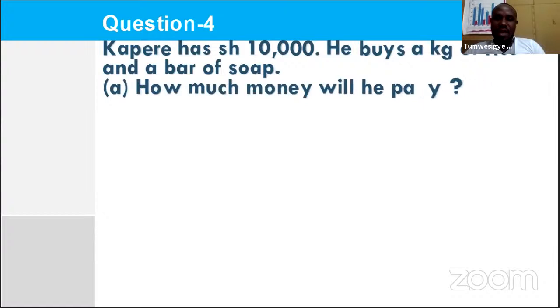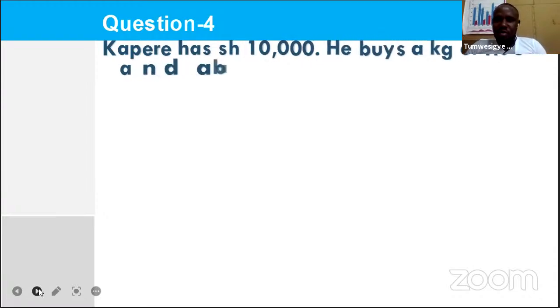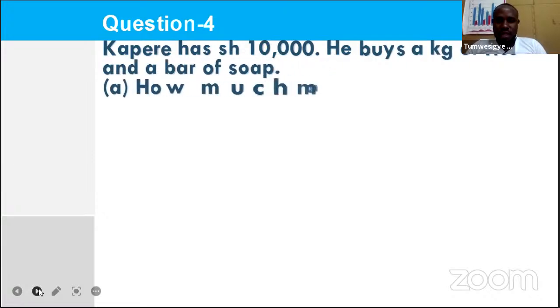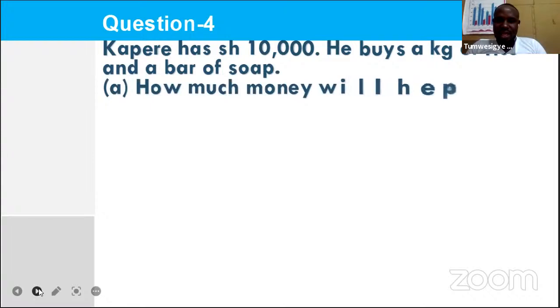How much money will he pay? Let's read the question again. Kapere has 10,000 shillings in his pocket. He buys a kilogram of rice and a bar of soap. How much money will he pay?